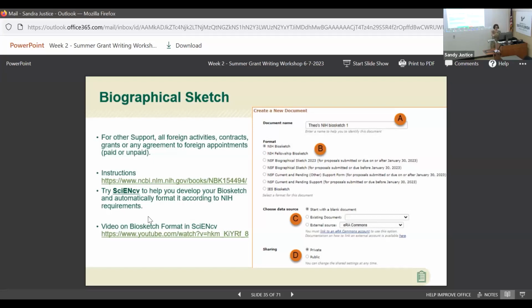As you see in this slide, it says, what's your format? And your format is dictated by who's your sponsor. Are you NIH? Are you NSF? Are you IES, Institute of Education Sciences?